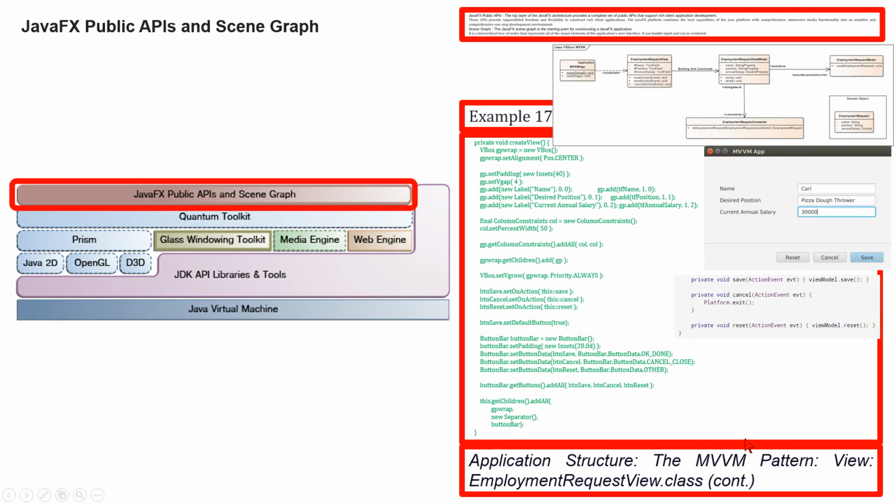The UI in this demo is built in code. The following createView method handles the layout of the form and puts core controls such as tfName and btnSave in containers. Here the employment request view class is continuing.